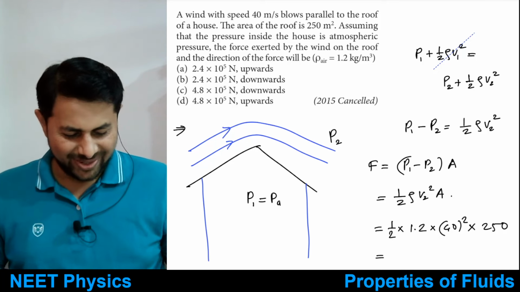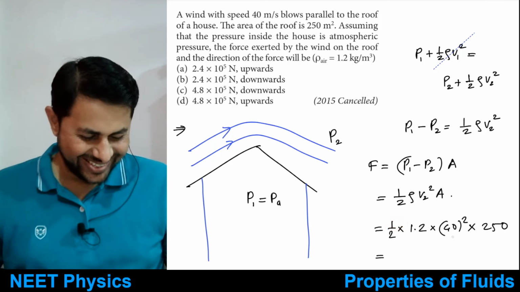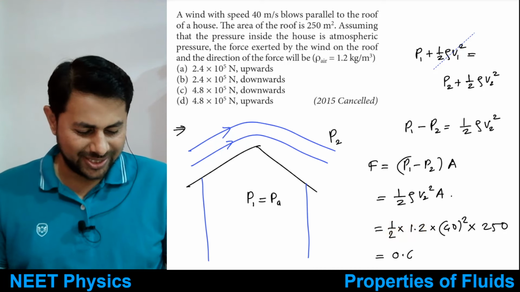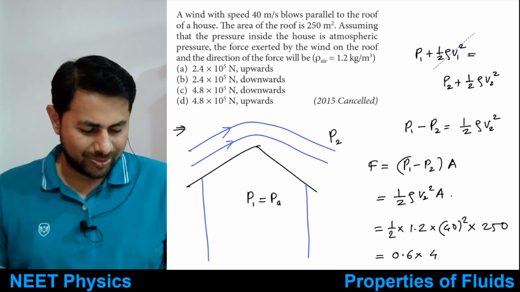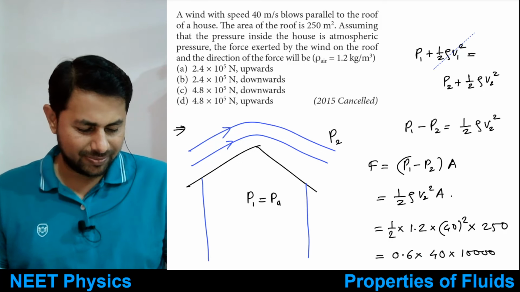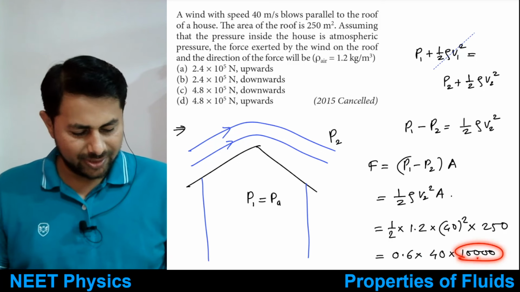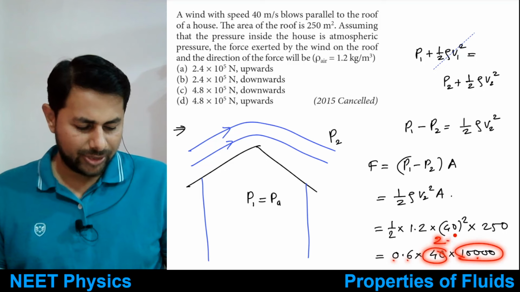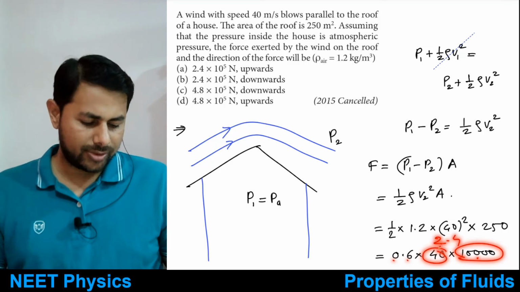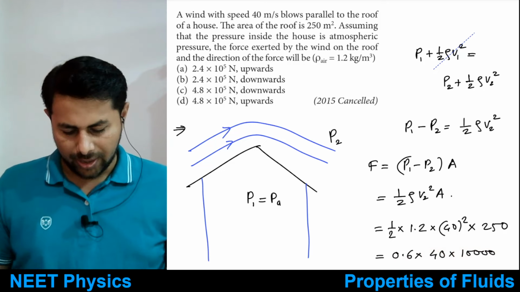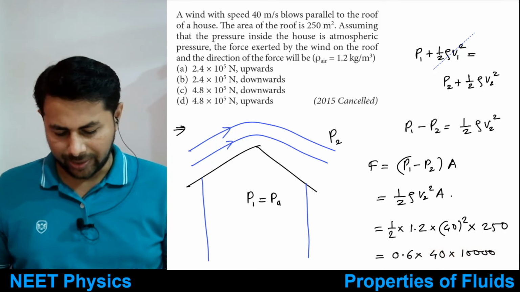Anyways, so 1.2 divided by 2 is 0.6. 0.6 multiplied by 40 times 250, which is 10,000. So 0.6 times 40 is 24, multiplied by 10,000, so it is 2.4 into 10 raised to 5.